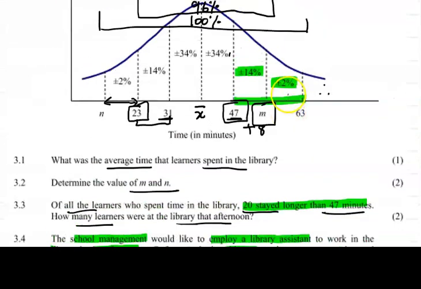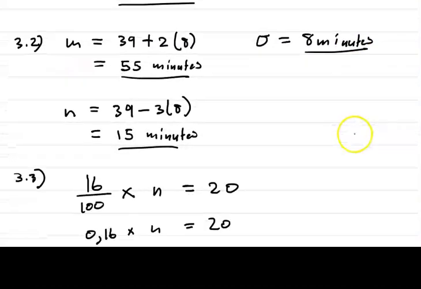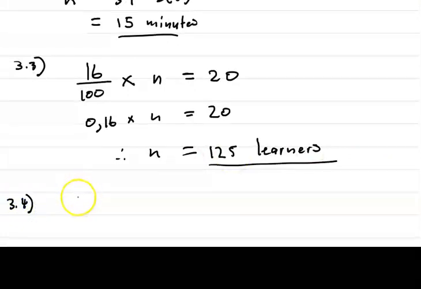So if we look at this curve, we can see that the maximum time spent by a learner in the library is 63 minutes. Normally people are employed on an hourly basis. So our recommendation would be to employ the person for 1 hour in the afternoon.